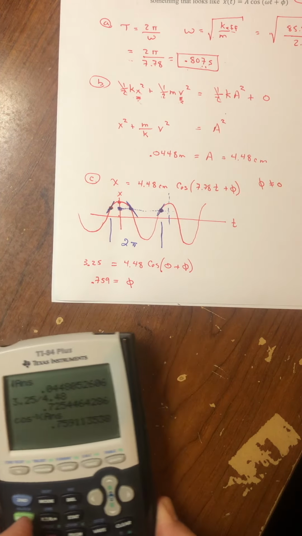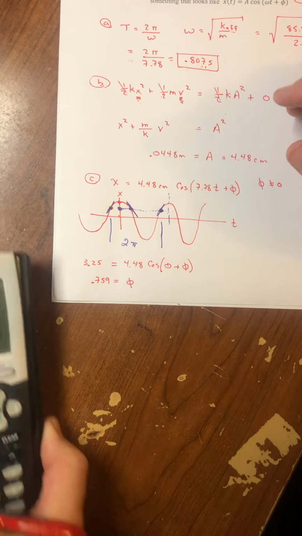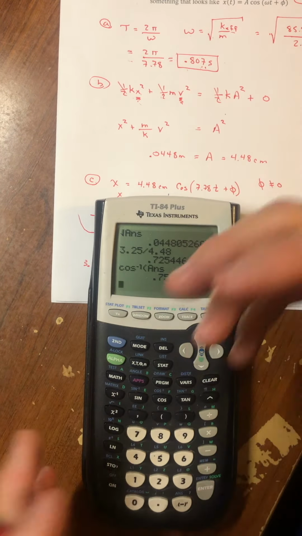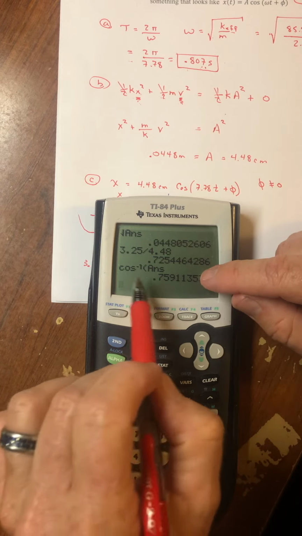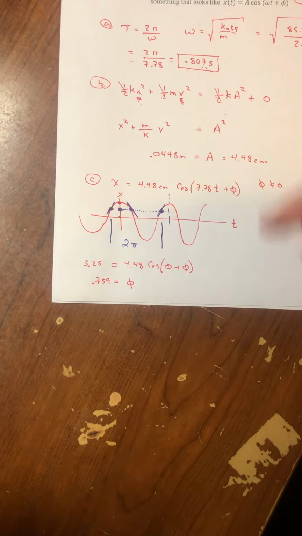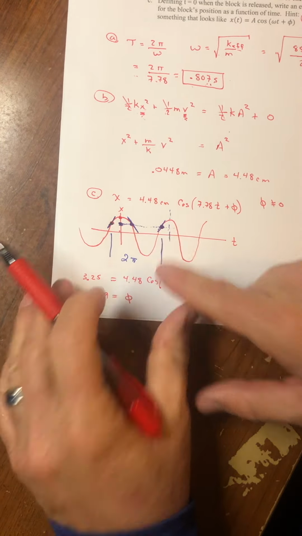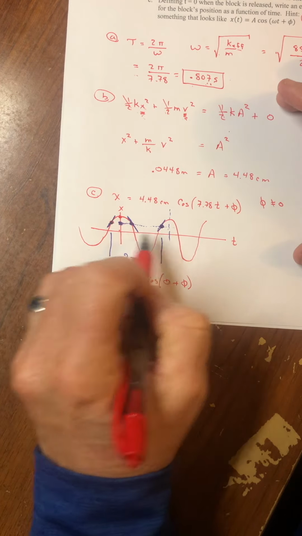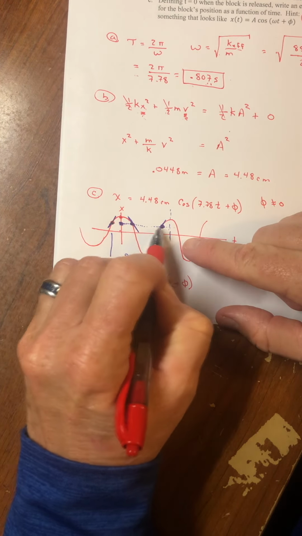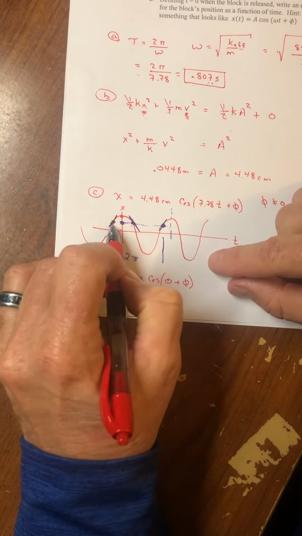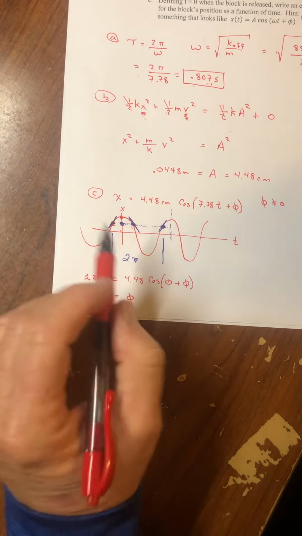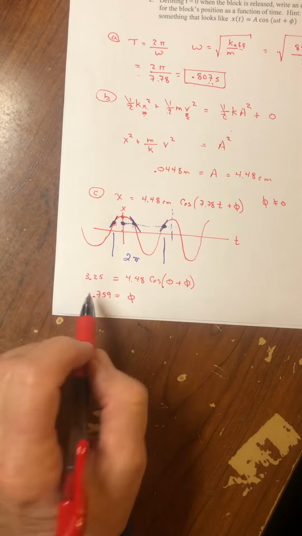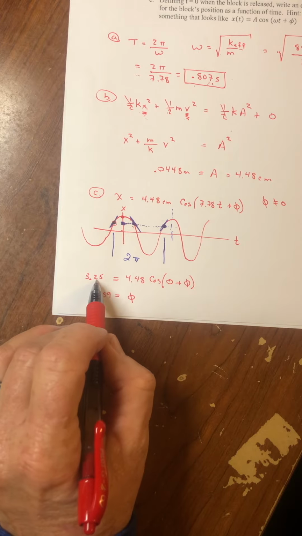for the phase. Now, one thing we've got to remember from our trig class is these cosine functions repeat, and that's what this picture is showing. There would be two places in a cycle, here and here, or here and here if you want to do the negative value, where the cosine function actually equals 3.25.